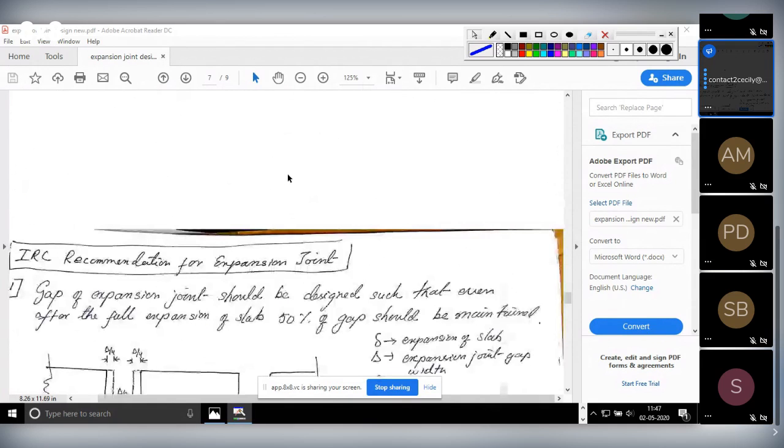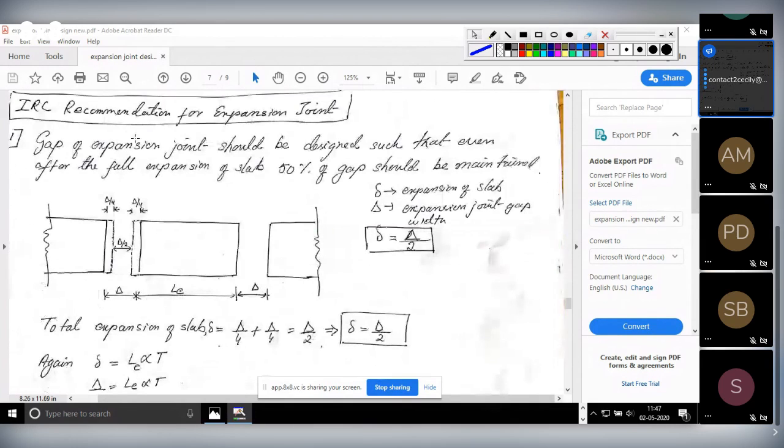Now this is the first recommendation of IRC for expansion joint design. It is said that the gap of the expansion joint, that means this gap, delta. Initially delta was from here to here. They are saying that this gap should be designed in such a way that even after the full expansion of the slab, from both directions, 50% of the gap should be maintained.